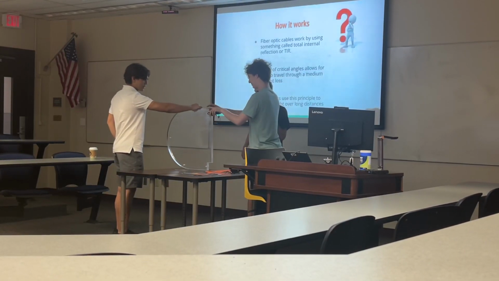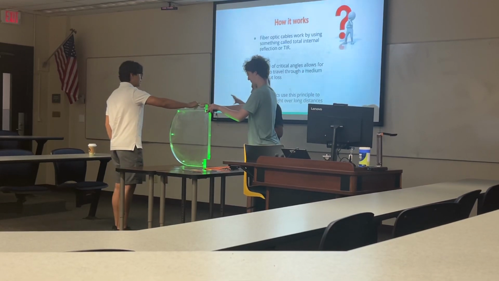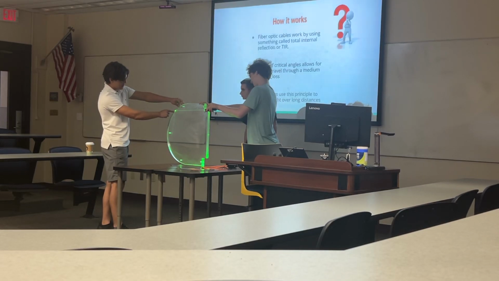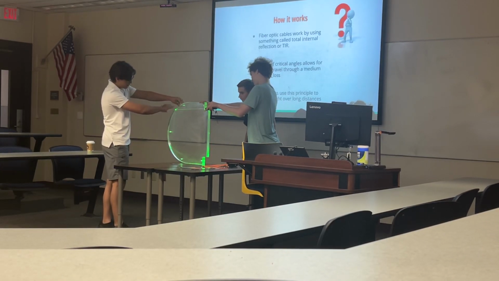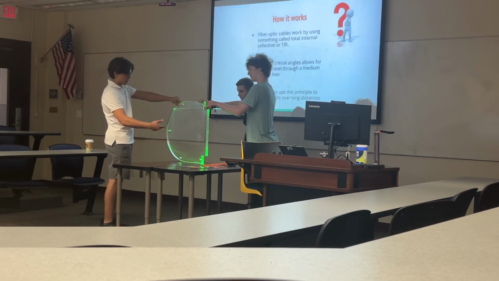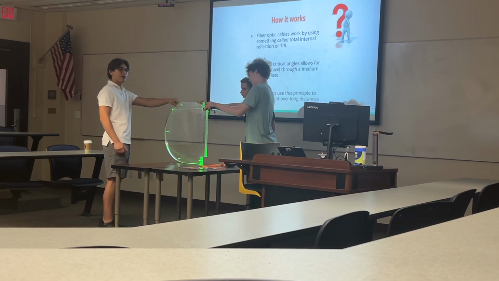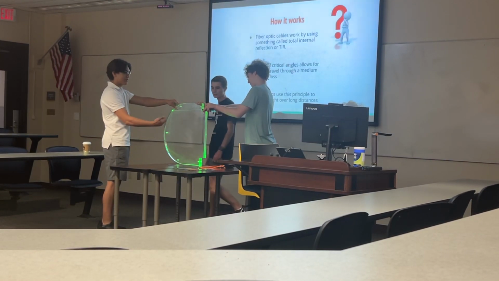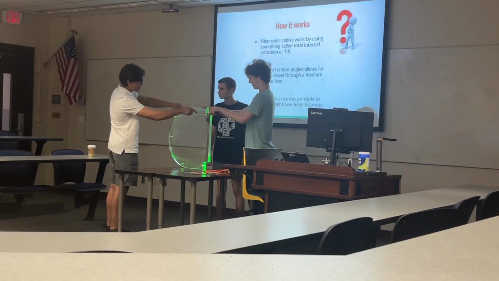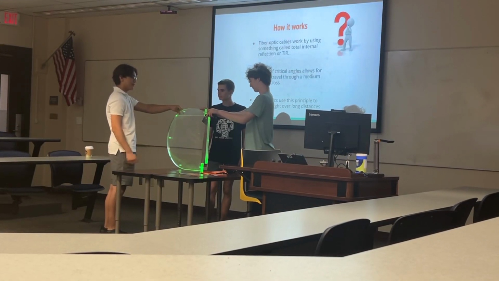You see how the laser is bouncing off of the medium right here? It's not fully reflective because this isn't specialized. This is just a demonstration. Inside of a glass fiber optic cable, it's the same principle. The laser light is going to bounce around in there thousands of times until it reaches its destination.